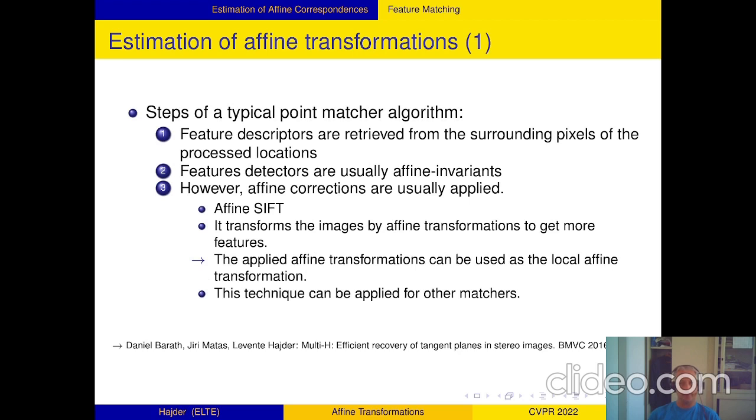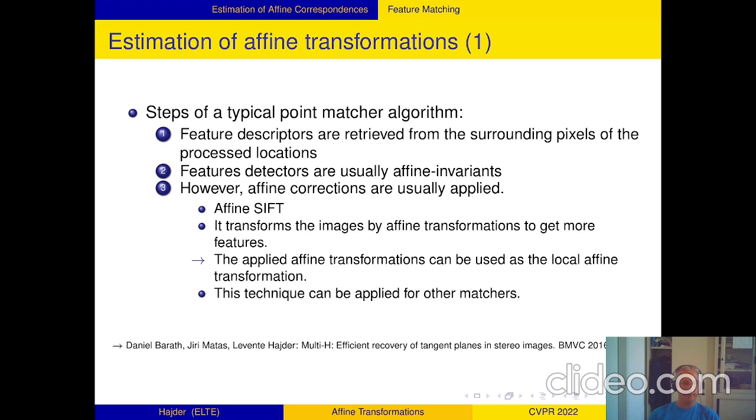But I want to show you that line correspondences can also be applied in order to retrieve the affine transformations. Here you see that we prefer the application of the ASIFT algorithm, which is affine SIFT, or my colleagues have modified other algorithms, adding the same trick as in the affine SIFT algorithm.